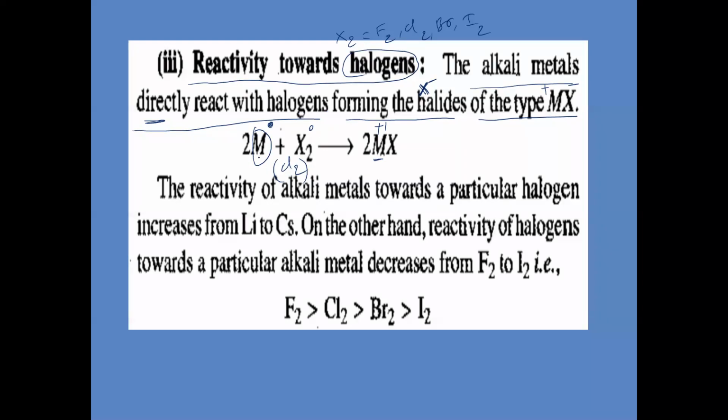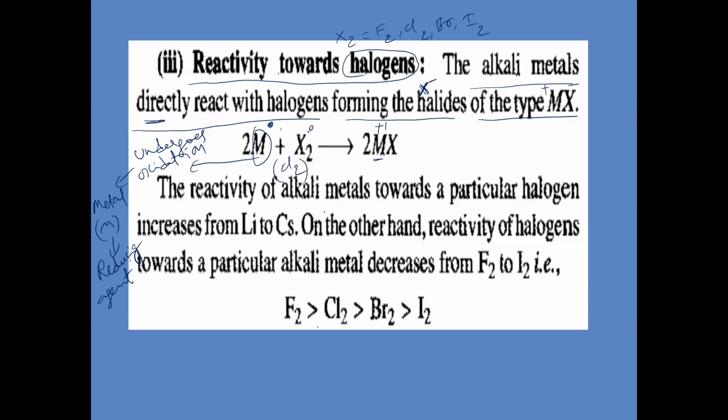So the metal atom undergoes oxidation. Therefore, the metal M acts as the reducing agent. Why is the alkali metal a reducing agent? Because it undergoes oxidation from 0 to plus 1.